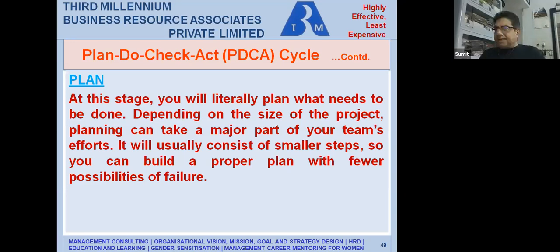At this stage, you will literally plan what needs to be done. Depending on the size of the project, planning can take a major part of your team's efforts. It will usually consist of smaller steps, so you can build a proper plan with fewer possibilities of failure. I just now said what? Old saying, failing to plan means you are planning to fail.